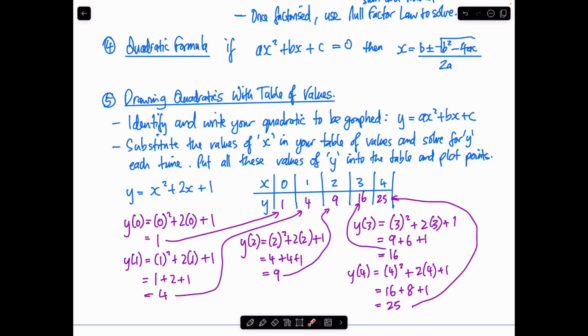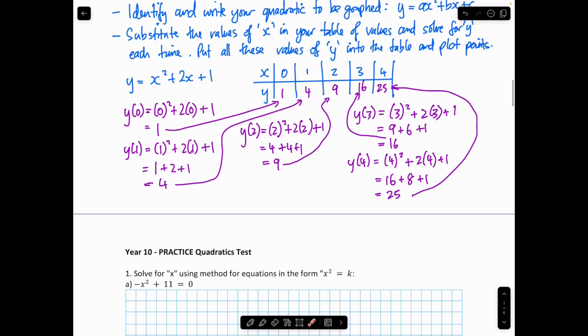Do the same thing again for 1. Plug it in. Solve. 2. Plug it in. Solve, etc. You do that for all 5. And then you get a bunch of y's. And then you can plot these points onto a grid. So that's what could go on your cheat sheet.